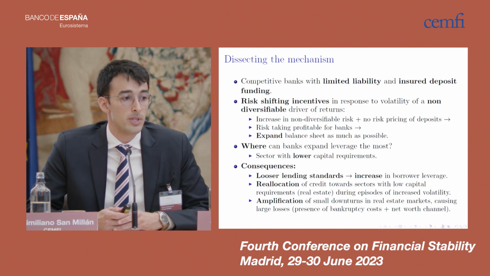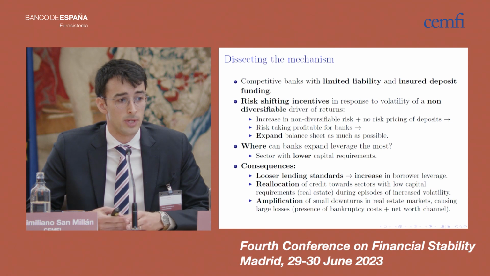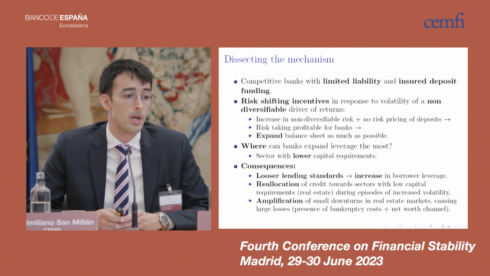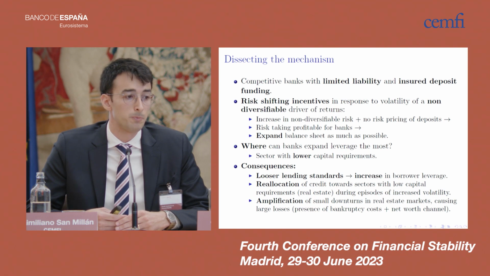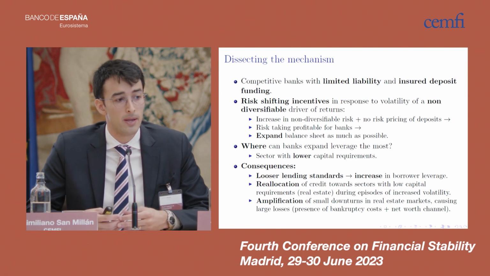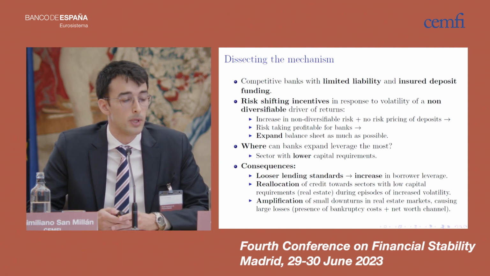The consequences will be that the looser lending standards associated with these lower capital requirements will lead to larger increases in borrower leverage and will amplify small downturns in real estate markets. So that's basically the story.